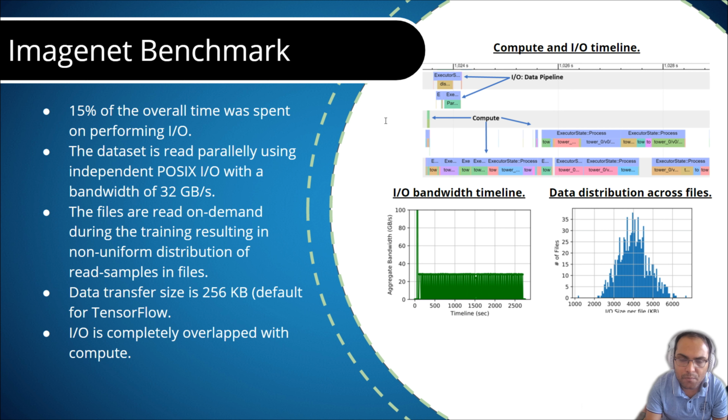The aggregate bandwidth produced from reading the TFRecord files is about 32 gigabytes per second, which is read using the independent POSIX I/O interface. Again, the request transfer size is about 256 kilobytes, which is the default in TensorFlow. Also, we again notice that the I/O is completely overlapped with compute except for the first I/O.